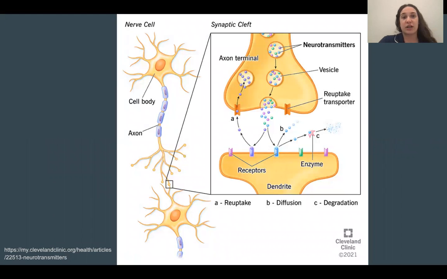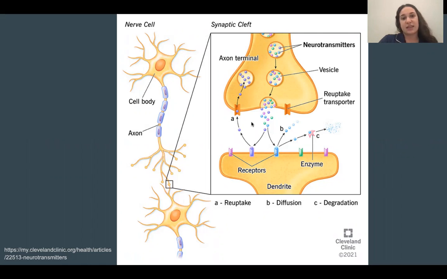And so here is an image that really depicts a really good idea of what's happening. So this is the nerve cell, this is the presynaptic nerve, this is the postsynaptic nerve. And a lot of the meat of what a neurotransmitter does is going to happen in the synaptic cleft.